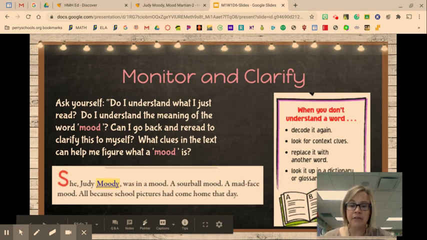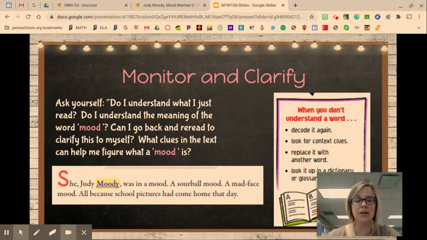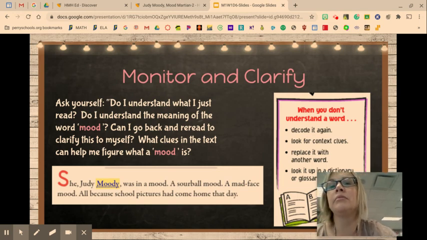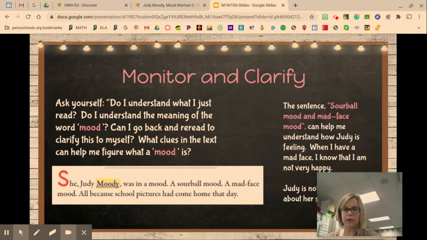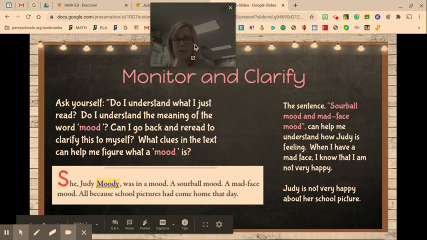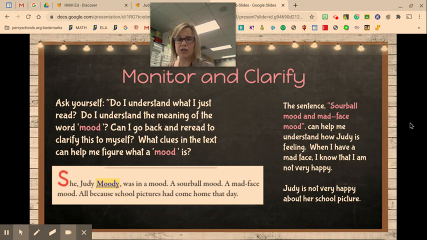So the very first sentence in this text says, she, Judy Moody, was in a mood, a sour ball mood, a mad face mood, all because the school pictures had come home that day. So in the sentence, I know that sour ball mood and mad face mood, I'm going to use those to help me understand how she's feeling.